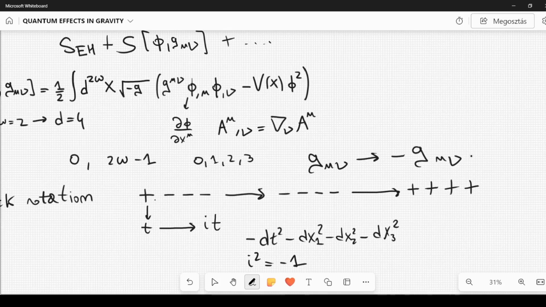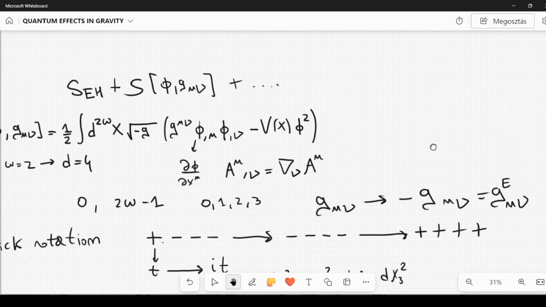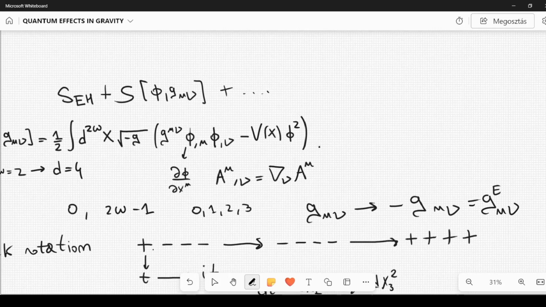So we might call this the Euclidean metric, g e mu nu. So we define it with a minus with respect to the initial g mu nu. So by taking this into account, we can rewrite this in the following manner.